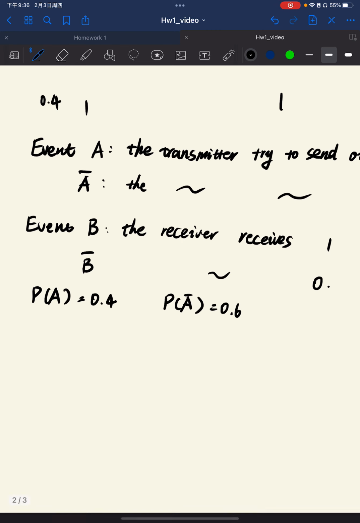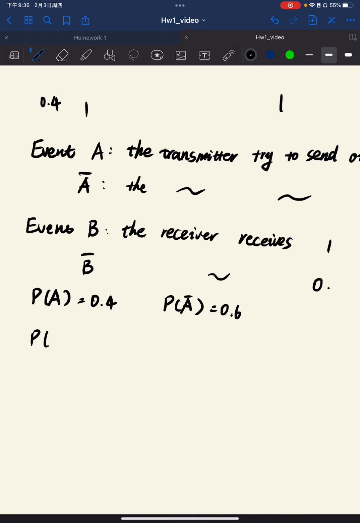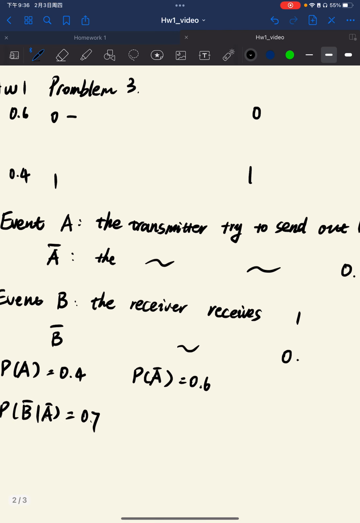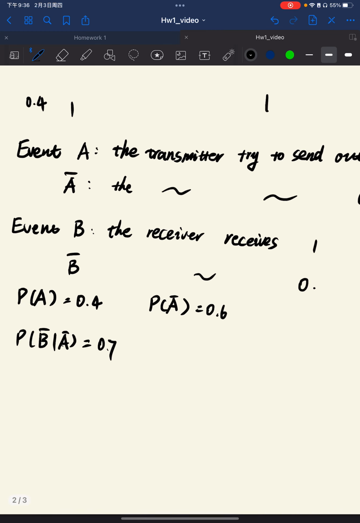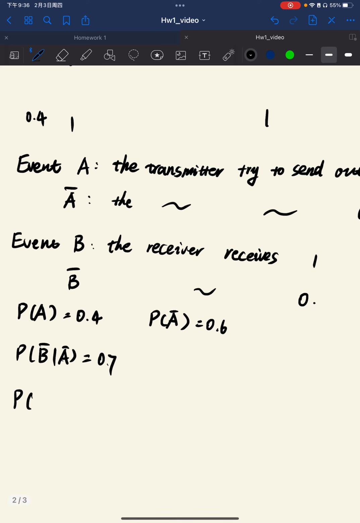That probability, B bar given A bar, is 0.7. Similarly, when 0 is transmitted and 1 is received, the probability is 0.3.